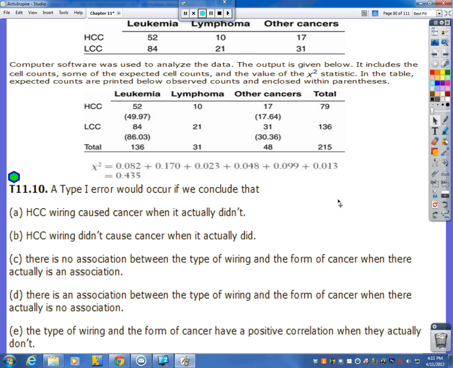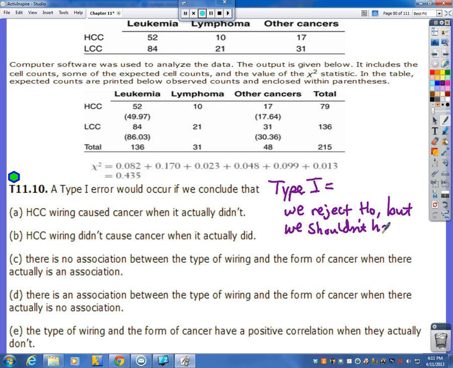And the last one. A type 1 error would occur if we conclude that. So let's review real quick. A type 1 error. This is when we reject the null hypothesis, but we shouldn't have. Okay?